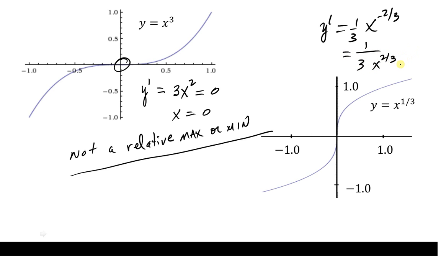And the first derivative is never 0. In fact, it's not defined at x equals 0. In fact, the tangent line has an infinite slope.